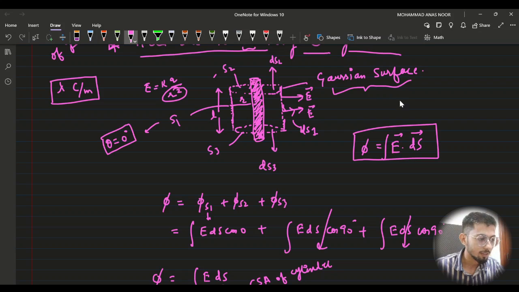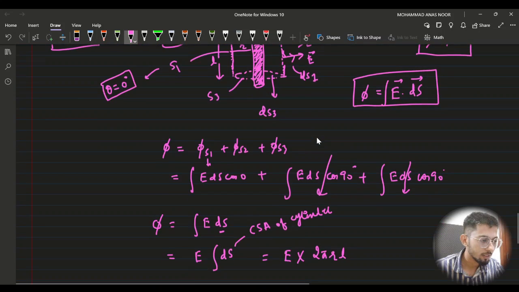What we are given is the charge density, coulomb per meter. That means for every meter length of this wire, we have lambda coulomb of charge, isn't it? So for L length of the wire, how much charge would be enclosed? Lambda L, right?